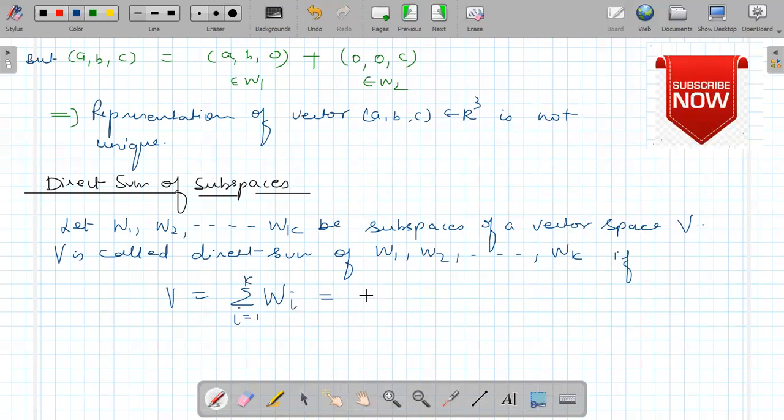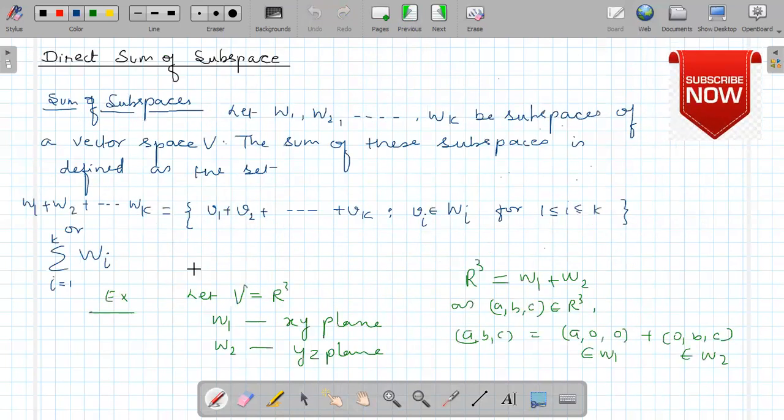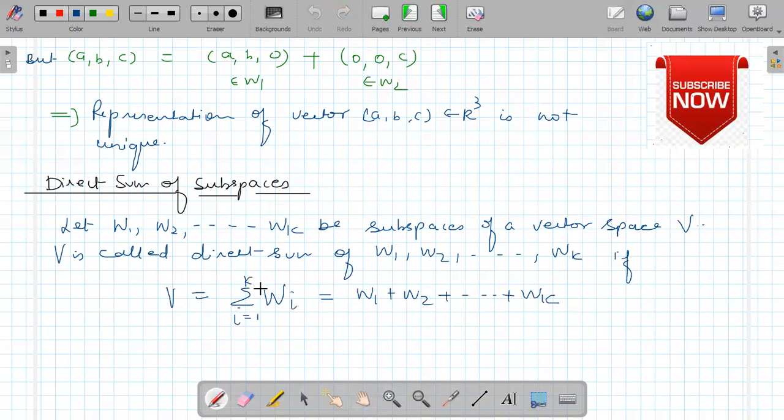It is nothing but W1 plus W2 plus Wk. As usual, this condition was same. With this condition, we have another condition that Wi intersection summation Wj, where i is not equal to j, is equal to the 0 vector.